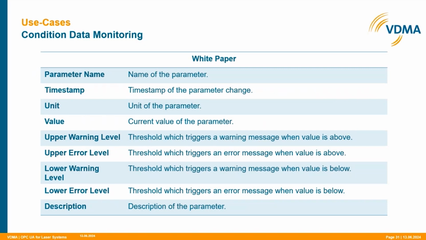Some of them are thresholds to start an error or warning message. So you can see here the upper warning level, the lower warning level, the upper error level or the lower error level, but also the parameter name, the timestamp, the unit of the parameter, the value of the parameter, and a description.